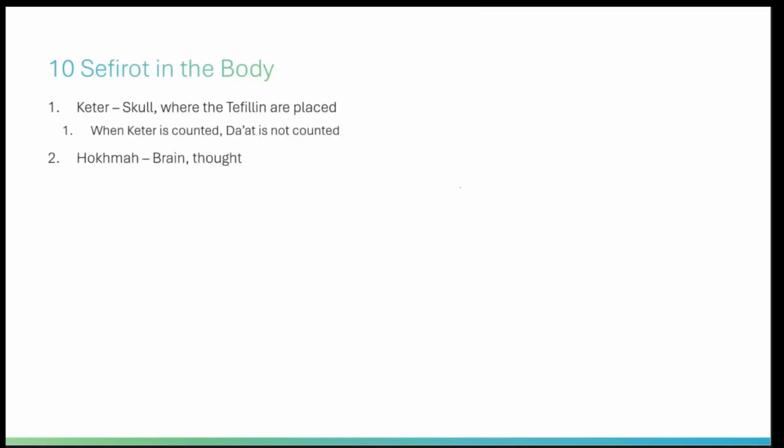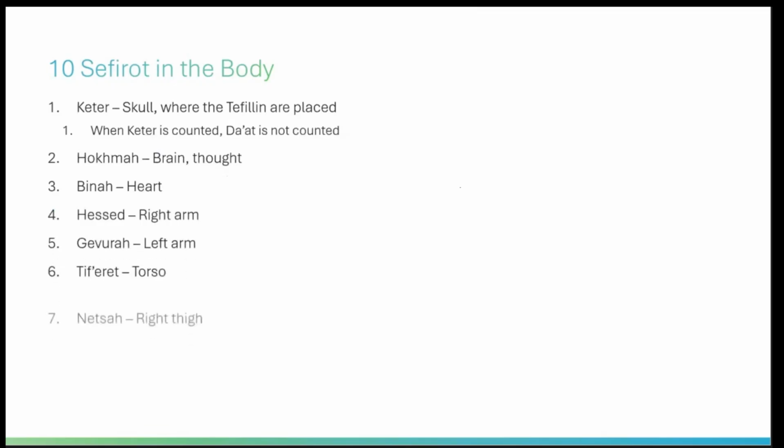So as I said over there, it's out of order, but I put it into the order of the Sefirot. So yeah, Keter correlates to the skull where the tefillin are placed. Chochmah is the brain and the thought. Bina is the heart. Chesed is the right arm. Gevurah is the left arm. Tiferet is the torso.